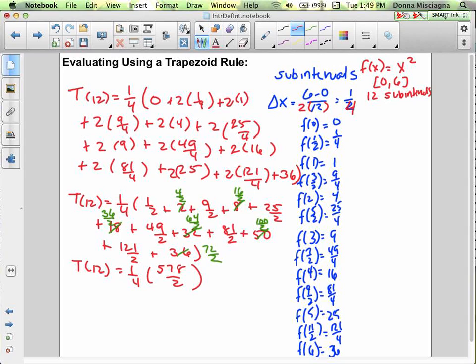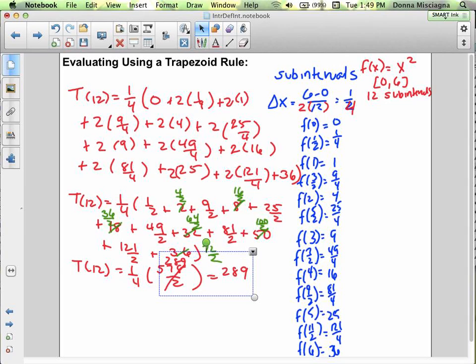I'm going to write my answer in, and let's see how long it takes to come up. So 289 fourths should be in between the other numbers. It's 72.25. All right, put my 4 there.